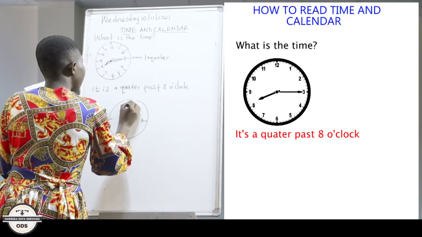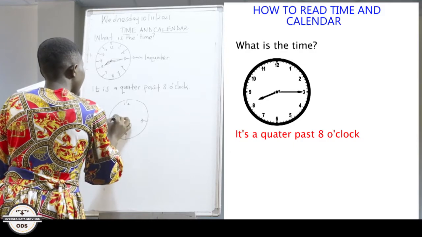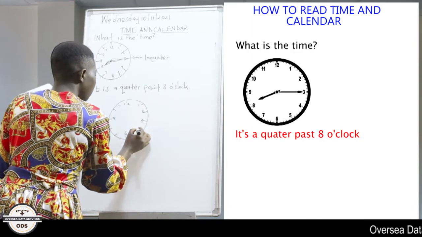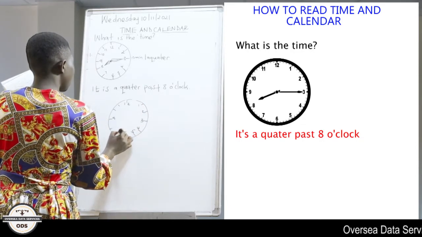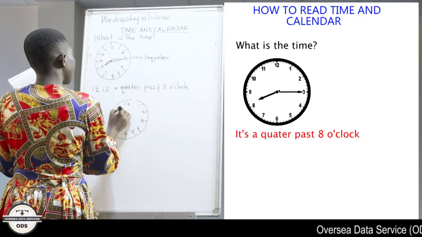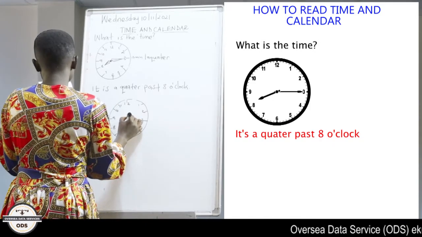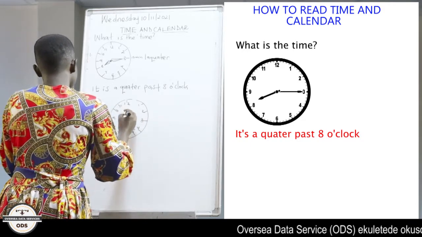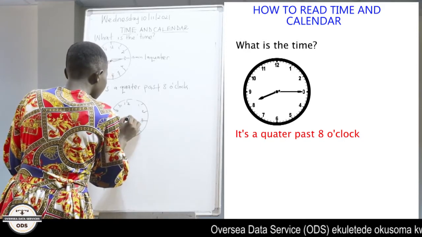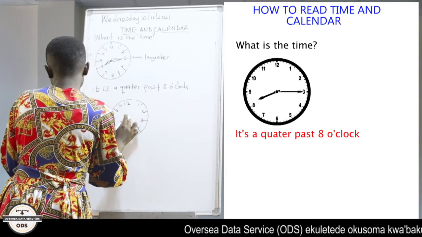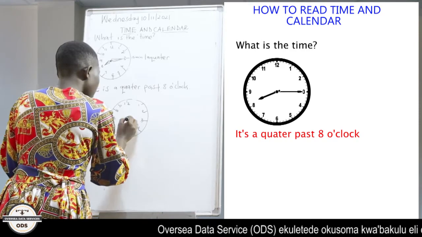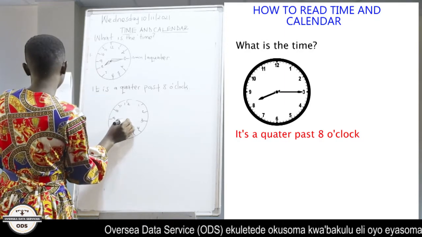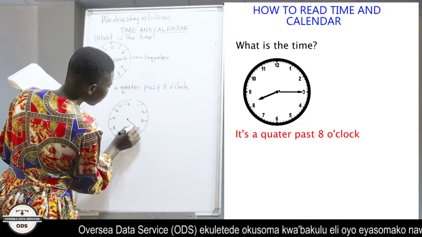I told you we have 12, 3, 6 and 9. Then the in-between ones: here we have 1, 2, 4, 5, 7, 8, 10 and 11 here. We have here the minute hand, facing on 4.